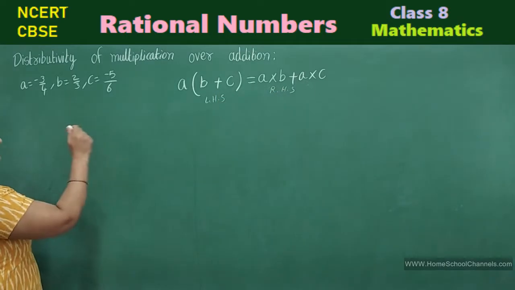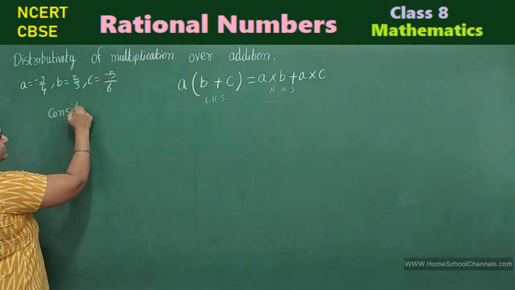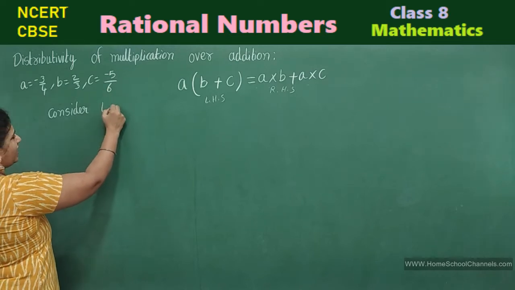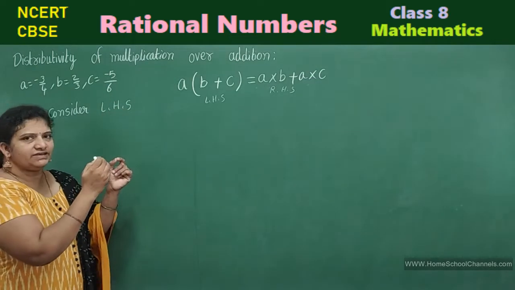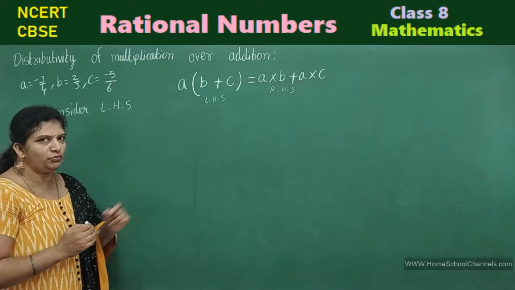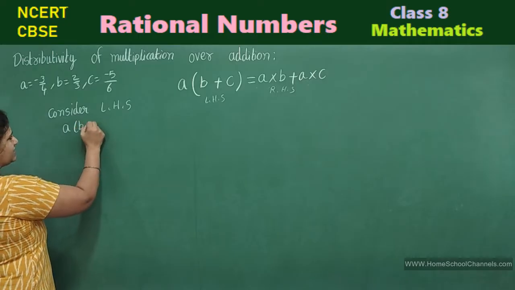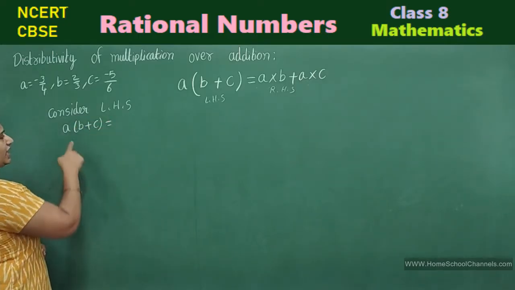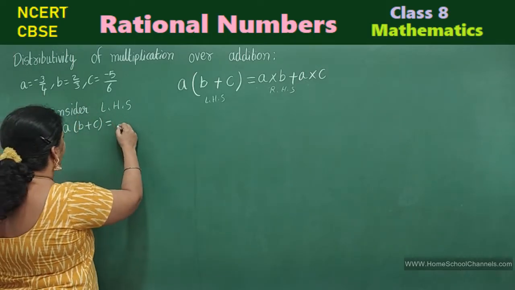So first consider the left hand side of the property. I just divide the property and try to prove this: A into B plus C.